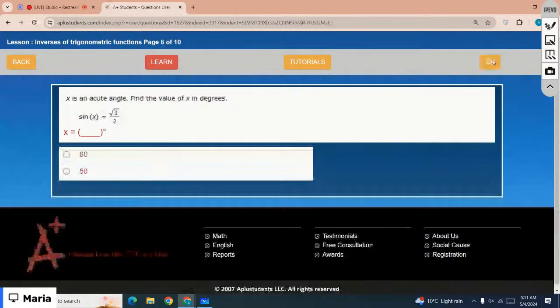Okay, sine x. X is an acute angle. Find the value of x in degrees. Sine x equals square root 3 over 2.